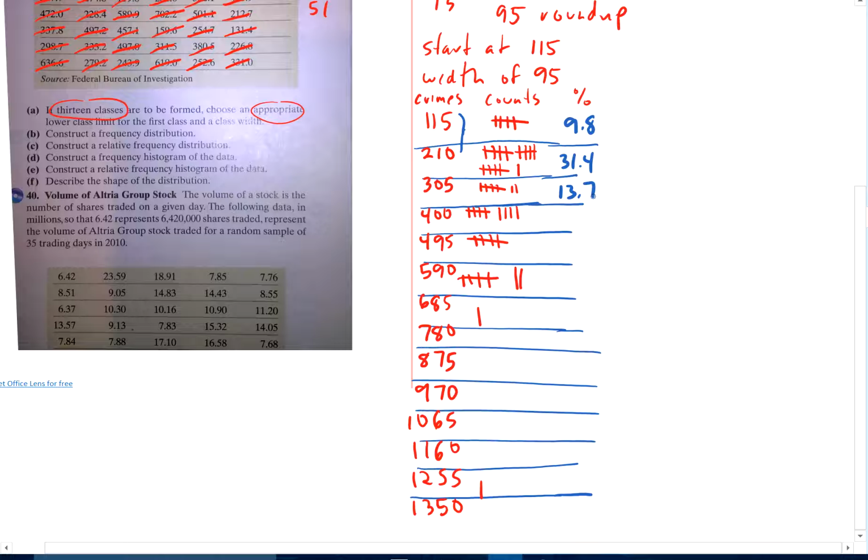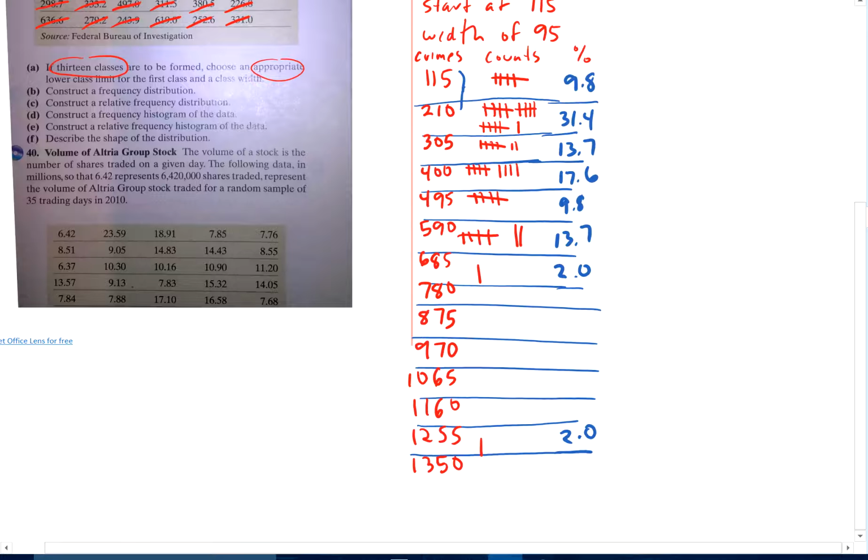Let's do this real quick. 17.6. 5 again is 9.8. 7 is 13.7. 1 divided by 51 is 1.96, which is 2.0%. Okay, and again, because of rounding, not quite 100, but it'll be close enough.